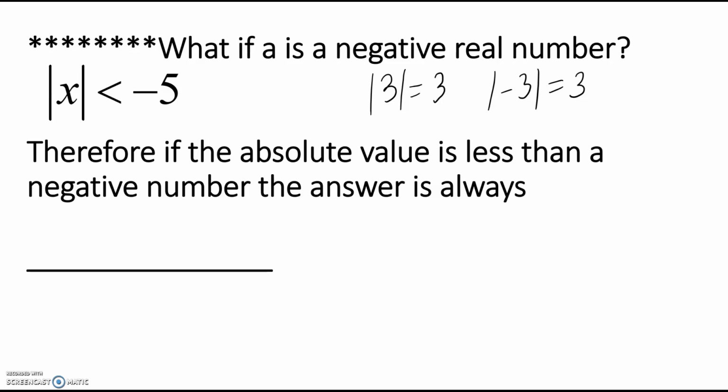So this example says my absolute value is going to be less than a negative number. If the absolute value is less than a negative number, the answer is always no solution. I should get a positive number for absolute value, so it should not be less than a negative number. No solution.